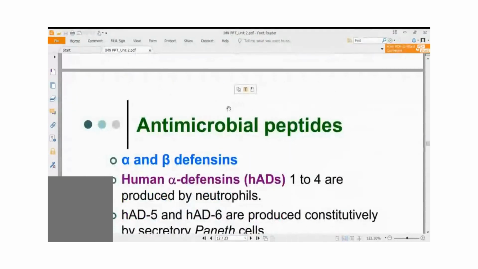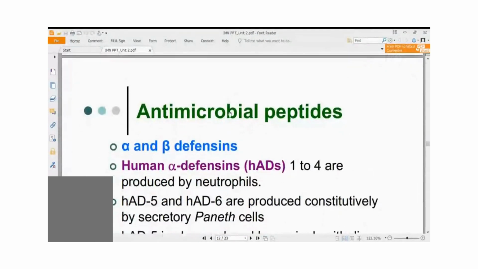Now let us come to the antimicrobial peptides, which I kept on telling about, the defenses. The antimicrobial peptides are nothing but small micropeptides. These are small proteins not exceeding 100 amino acids. The maximum is 100 to 108 amino acids, and some of them are very small, even having 29 amino acid residues, and some have 40, 60 like that.